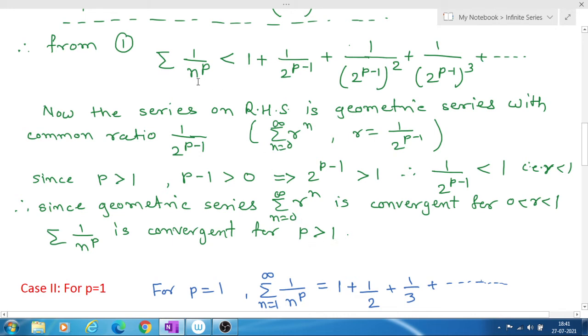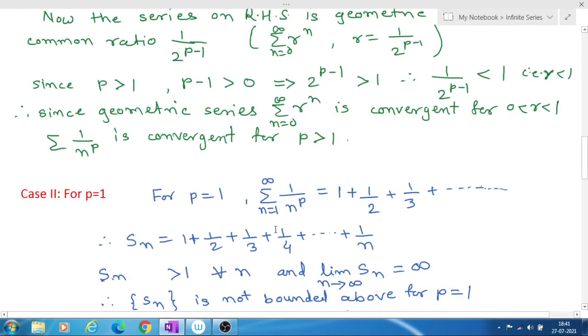Since our series is less than the series on the RHS, our series is also convergent for p greater than 1. So this is how we proved that the series is convergent for p greater than 1.